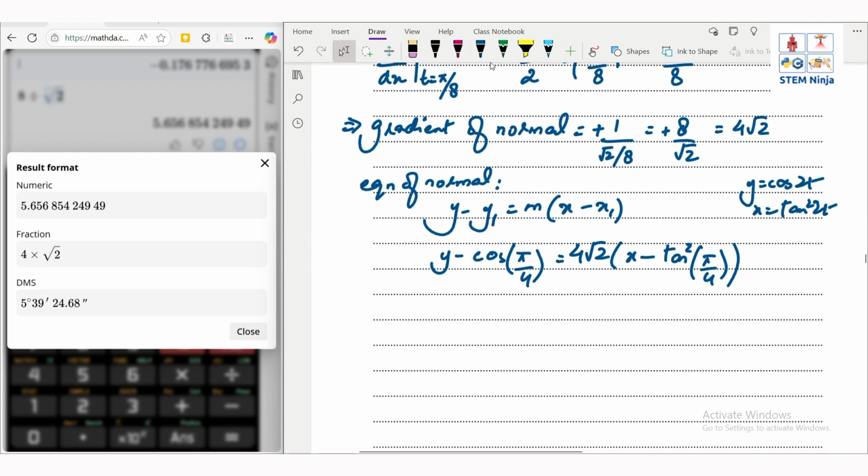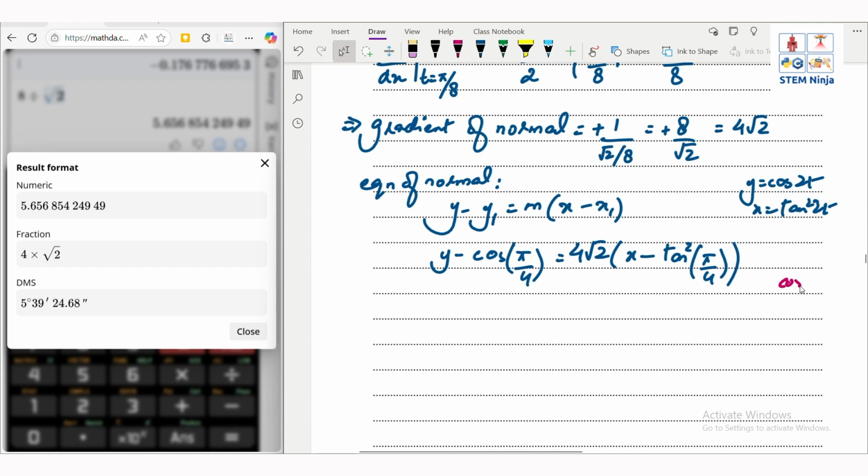Okay, so we know the common values that cos pi by 4 is root 2 over 2 and tan pi by 4 is 1. So this becomes y minus root 2 over 2 equals 4 root 2 times x minus 1, because of the squared value.